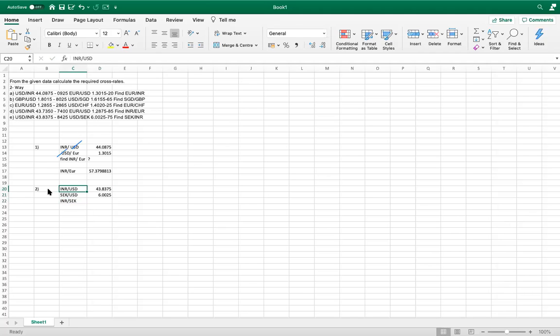So look at the given quotation. These are the given quotation. Now observe the required quotation. I wanted my INR on the side, but my SEK in the given quotation is on the left hand side, whereas I want it on the right hand side. So I need to do 1 by of this, if you remember, right?